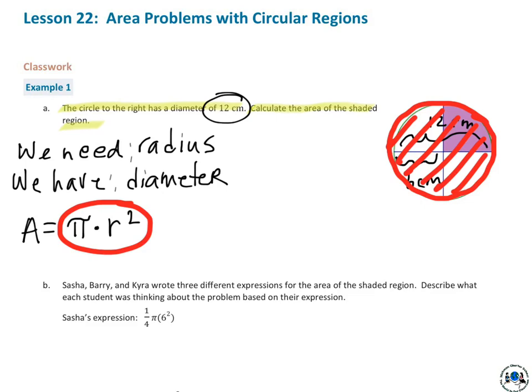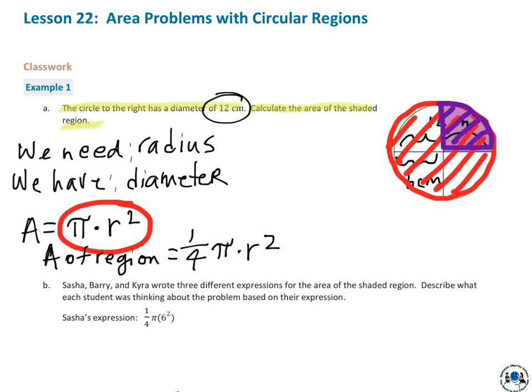approach this problem, but my approach is to say, hey, we are not interested in that entire thing, so let's cut to the chase. We are actually only interested in the area of the shaded region, which happens to be 1/4 of the circle.